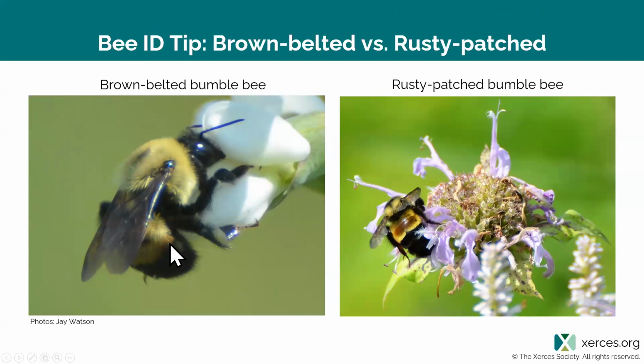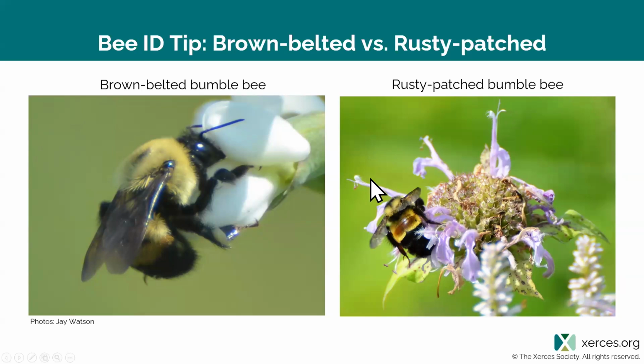Brown-belted bumblebees, as we discussed last week, have that really characteristic brownish reddish patch of hairs on T2. And so when people see brown-belted bumblebees, they will often zoom in on that patch of hair and think, oh, it's a rusty patch bumblebee. I see that patch of brownish hairs on that second segment of the abdomen.